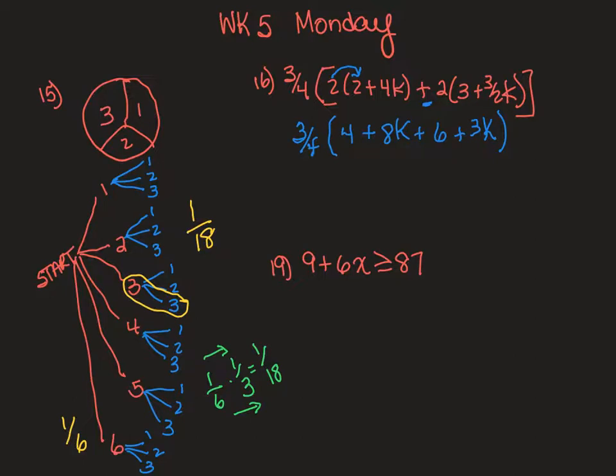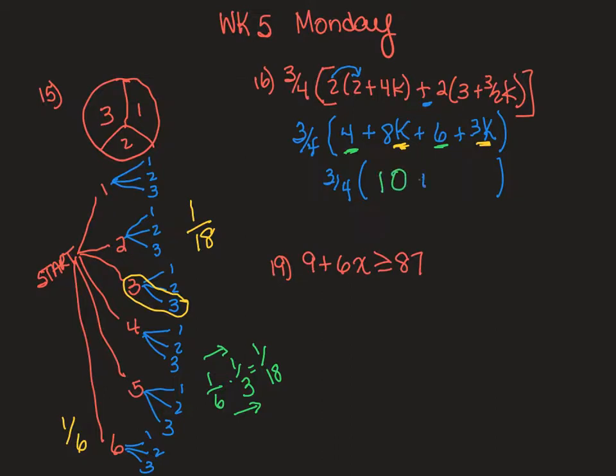So here we go. So now I have 3/4, and now I want to combine like terms, okay? So here's what I'm looking for. I got k's there, and I got numbers there. So I can combine those numbers, 4 and 6, add them together, and that makes 10.